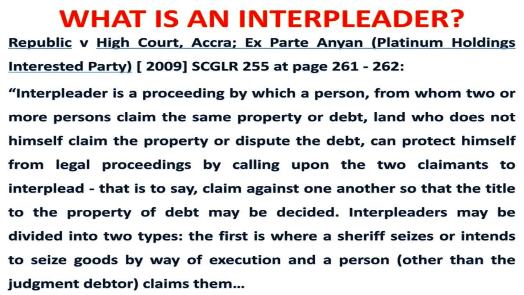We have a judgment creditor who told the registrar that this vehicle belongs to the judgment debtor. Then we have a new person saying that no, it doesn't belong to the judgment debtor. It rather belongs to me. So registrar, don't go ahead and sell the car. So you see that at this point, the registrar does not have any interest whatsoever in the property. He's supposed to go and sell, but people are making a rival claim to the property.